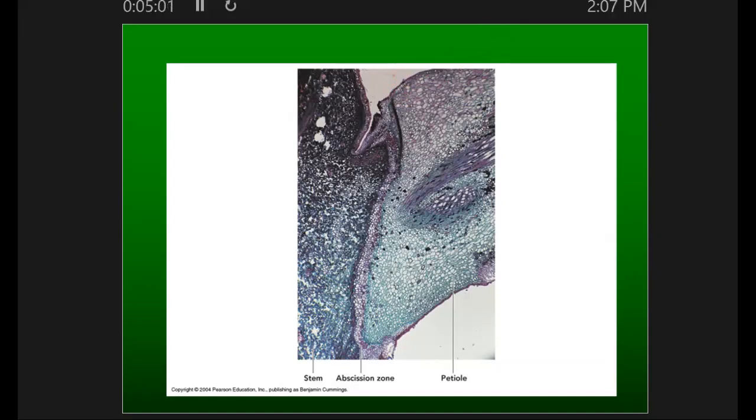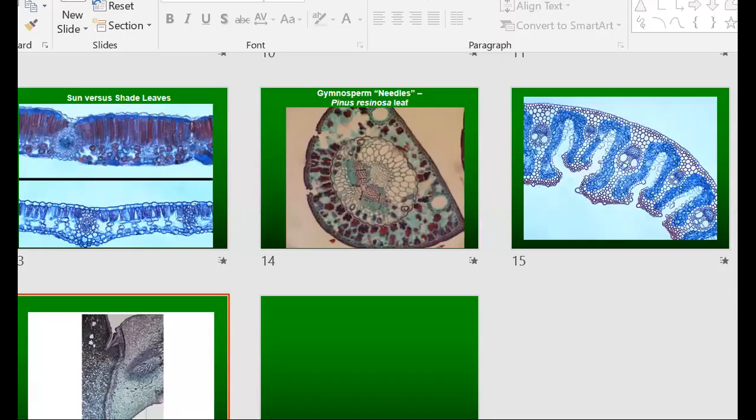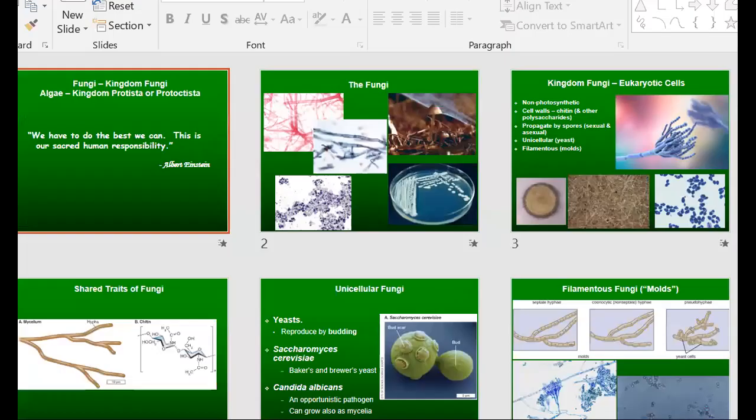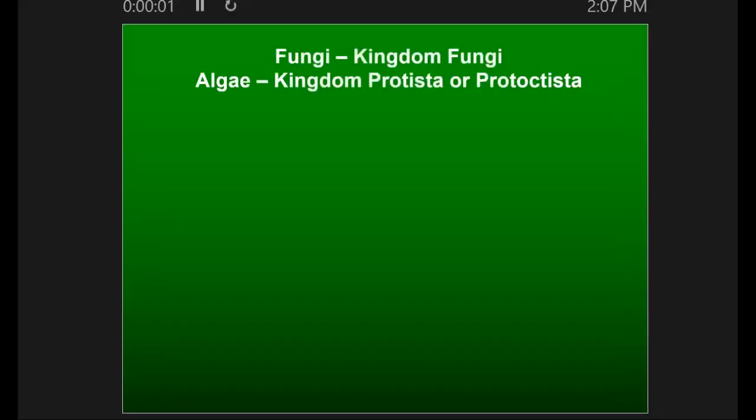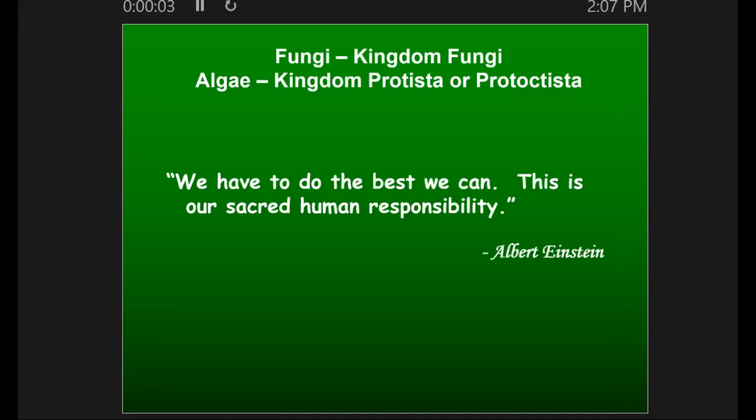And we're going to get now into the next slide set, which is posted in EduCat on fungi and algae. Now, I broke it up into two parts, part 1 and part 2. So part 1, you're going to get like the basic idea of what are fungi and algae.